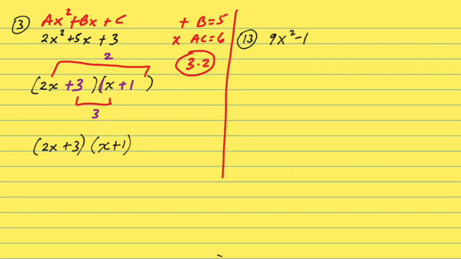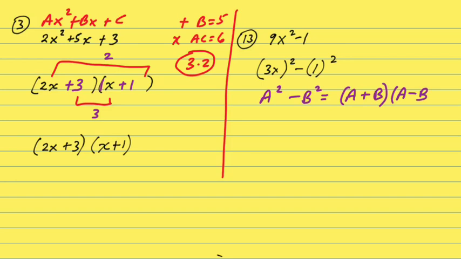Now this is the difference of squares. Could 9x squared be 3x quantity squared? There's a formula for the difference of squares: a squared minus b squared factors into a plus b times a minus b.